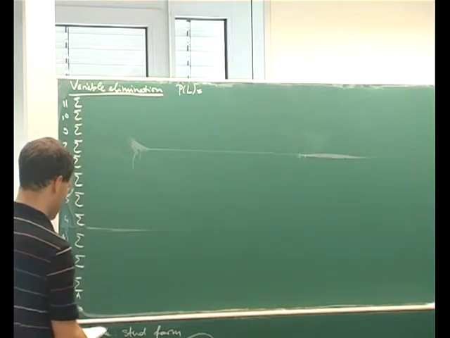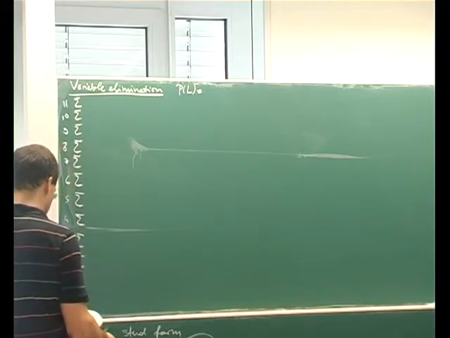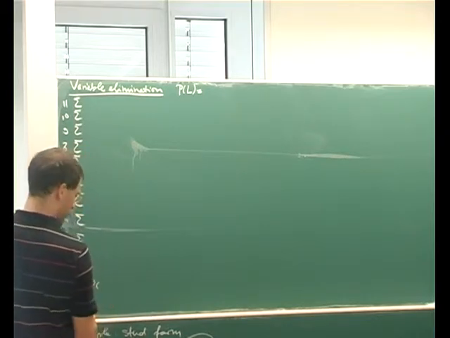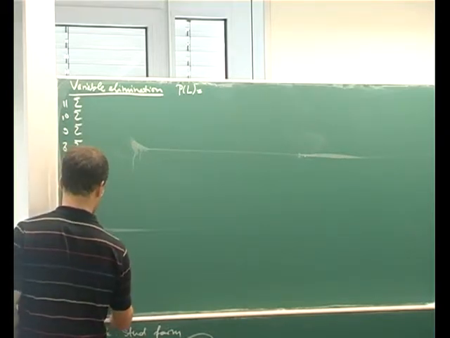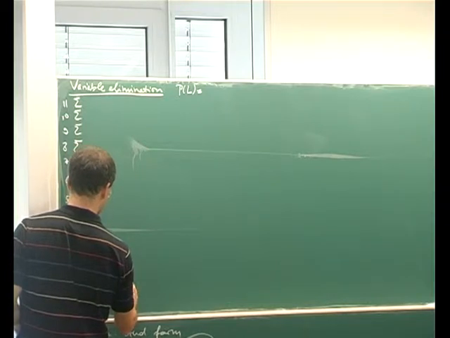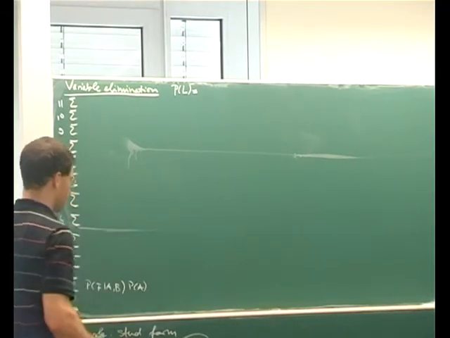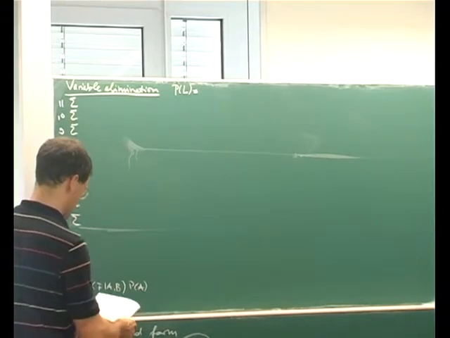And what depends on A was the probability of F given A and B, times the probability of A itself.